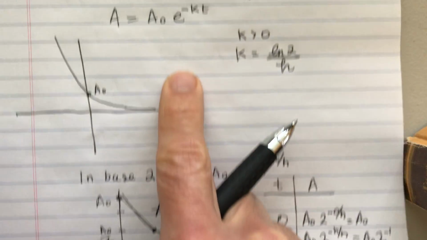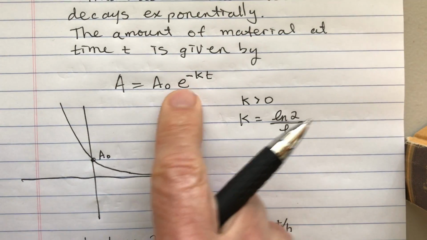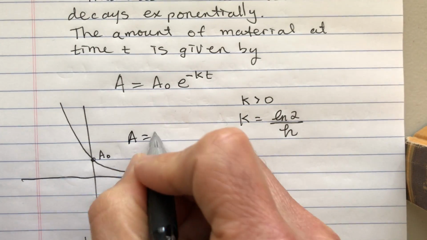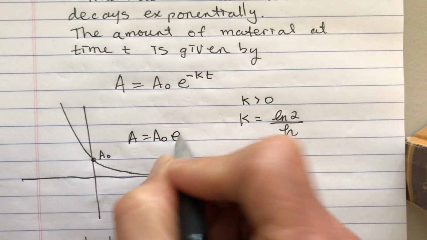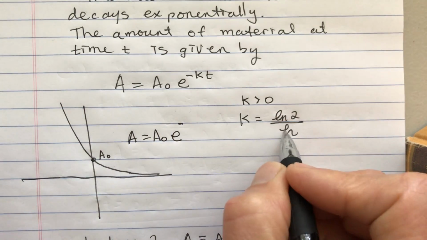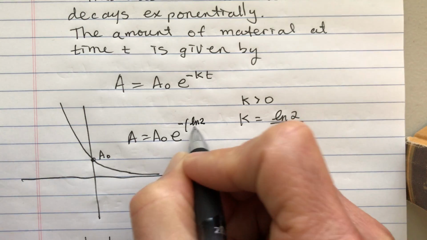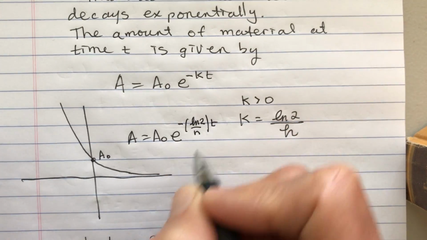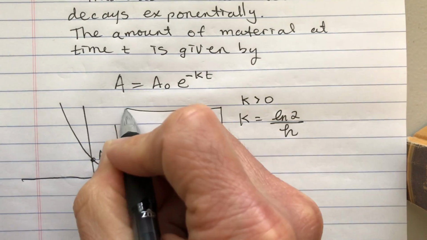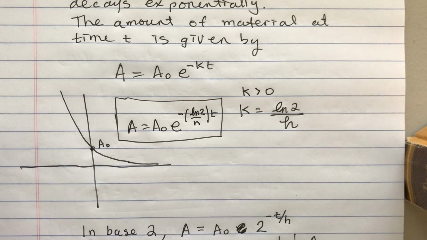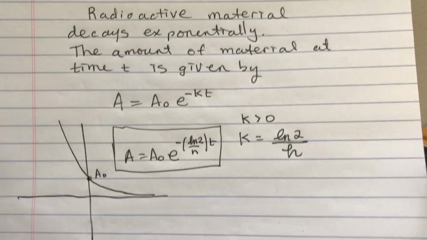You can go to base e by a change of base formula, and we get this equation, which could be written also as A equals A0, and I can replace k by this ln 2 over h, but this is good too. Okay, so let's go ahead and do an example.